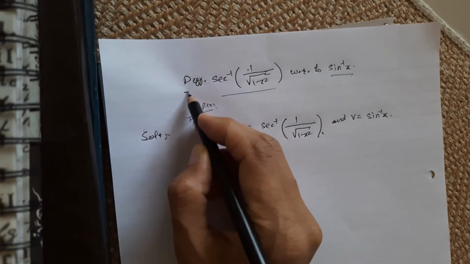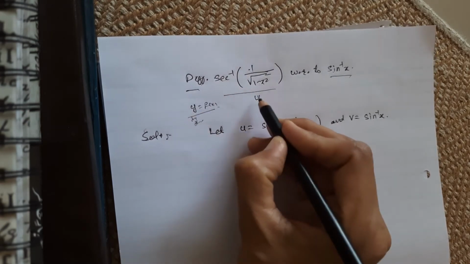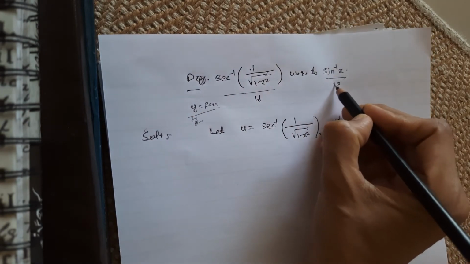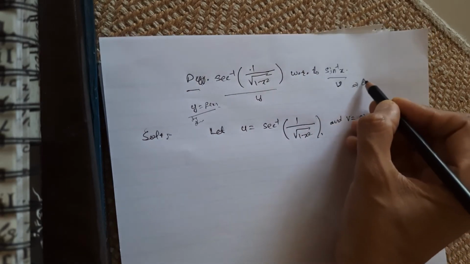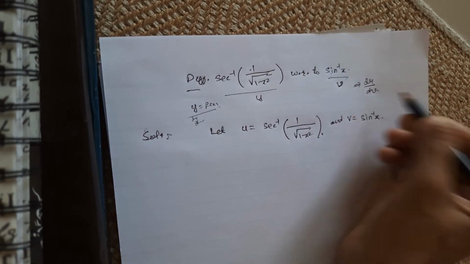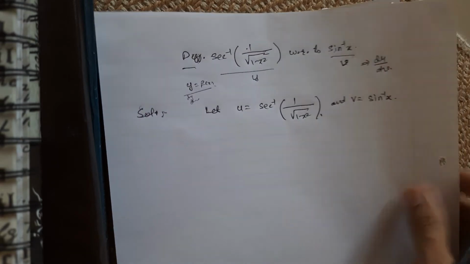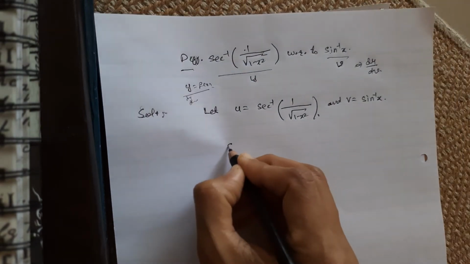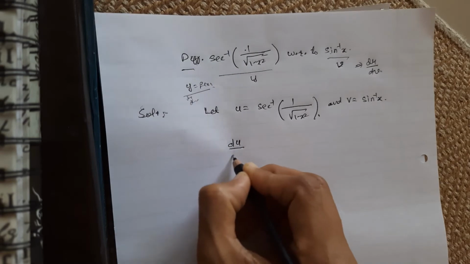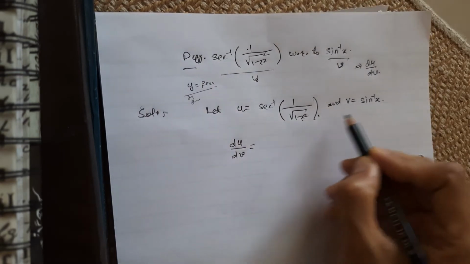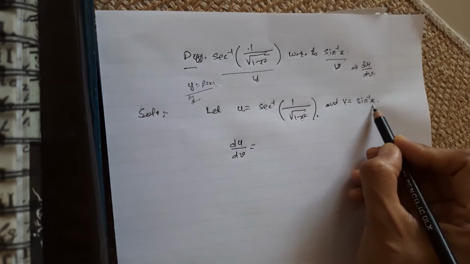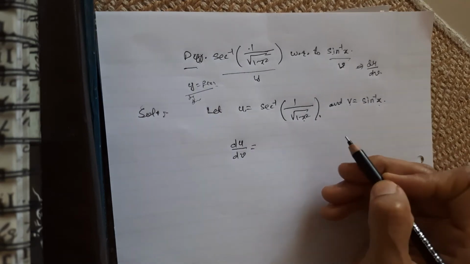It is asked to differentiate u with respect to v. It means we need to find du by dv. But now u is a function of x, v is a function of x. So this is nothing but the parametric function.